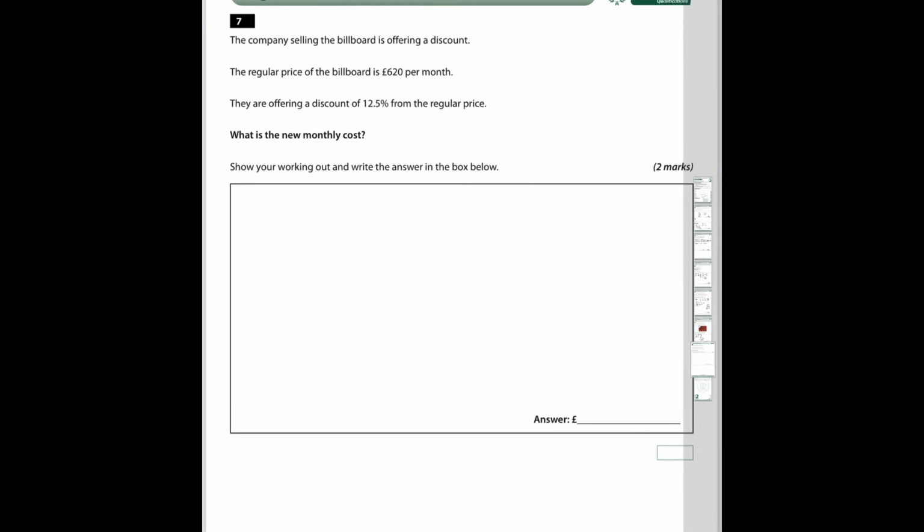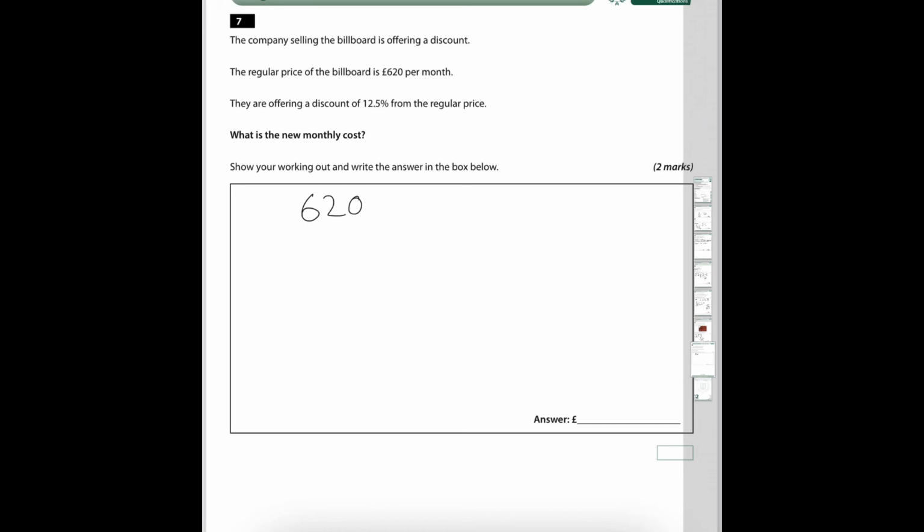Question 7. The company selling the billboard is offering a discount. The regular price of the billboard is £620. They are offering a discount of 12.5% from the regular price. What's the new monthly cost? Now with a figure like 12.5%, you could think quite logically that that's half of 25%, and 25% is quite easy to work out because it's just a quarter.